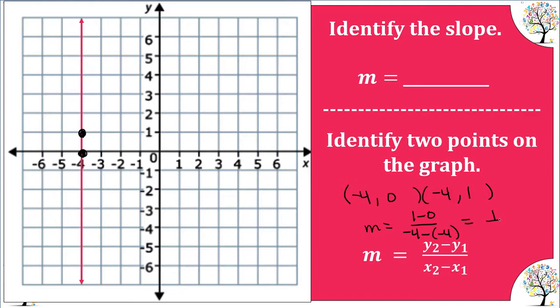And we get 1/0. You cannot have a 0 in the denominator. That is called undefined. So my slope here, you write the word undefined. This is the equation x equals -4. The vertical line has a slope that we call undefined.